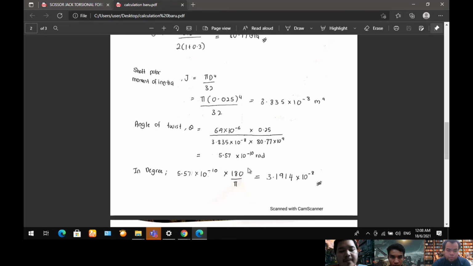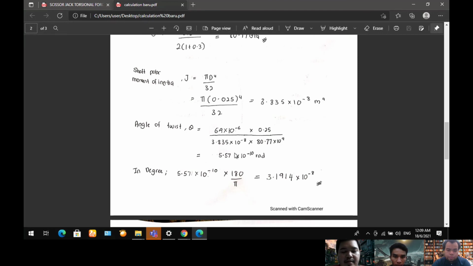After that, we find the shaft polar moment of inertia. The symbol is J and the formula is J equals pi times diameter to the power of 4 divided by 32. We get the answer 3.835 times 10 to the power of negative 8. And then the angle of twist.